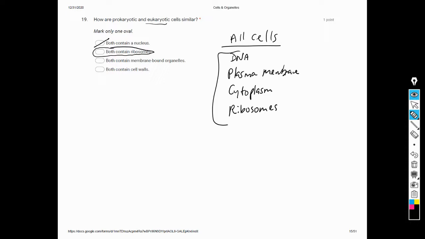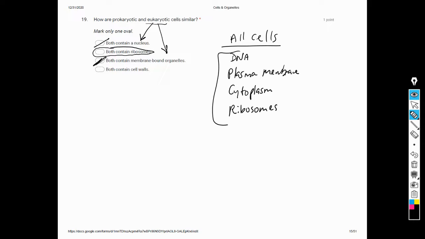When we look at C here, both contain membrane-bound organelles. That's not true. Only eukaryotic cells have membrane-bound organelles. When we talk about membrane-bound organelles, we're talking about organelles inside the cell that actually have a membrane around them. That would include the nucleus, mitochondria, chloroplast, vacuole, those sorts of things.